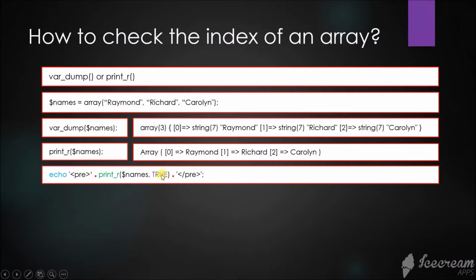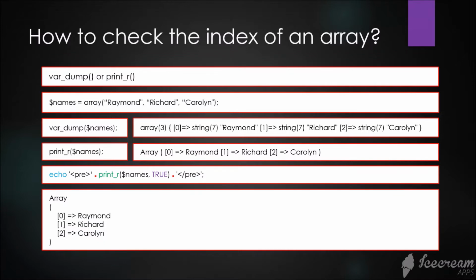So what happens is print_r will not display the result. Instead, it will just return it, and the echo statement here is the one that will manage to display the result. Okay? So the output will be something like this.